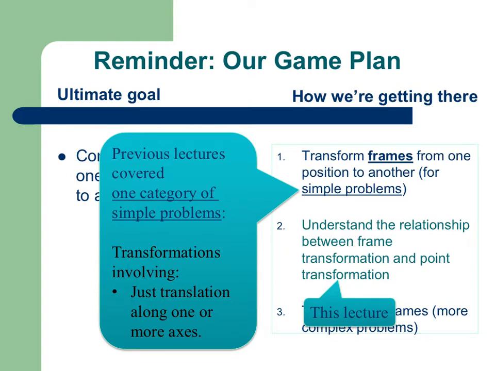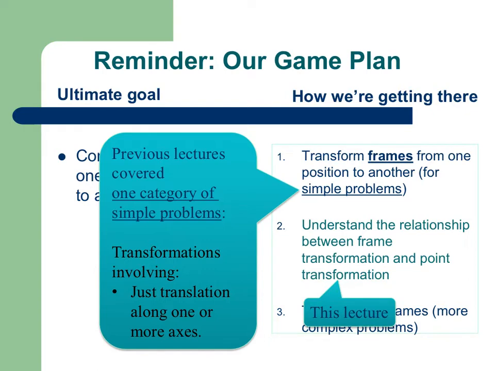So now for this lecture, we're going to start to talk about what is the relationship between this frame transformation that we've had a little bit of a glimpse into, and how we transform points from one coordinate frame to another. Remember, when I say transform points from one coordinate frame to another, I don't mean we're moving the point. I just mean we're trying to figure out what are the coordinates of a point relative to different origins and different coordinate frames.